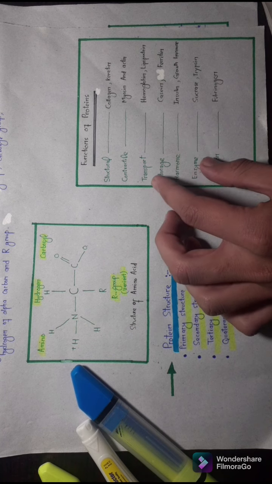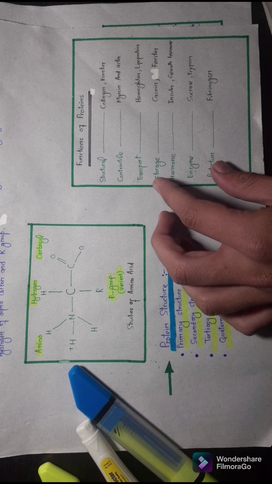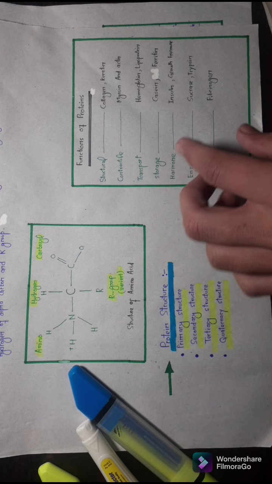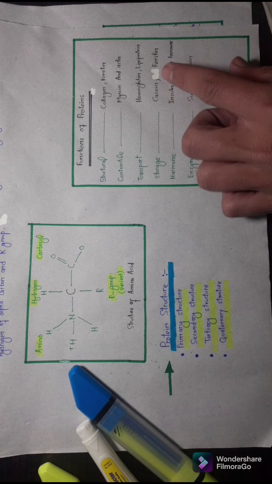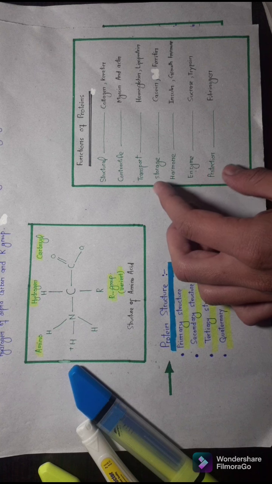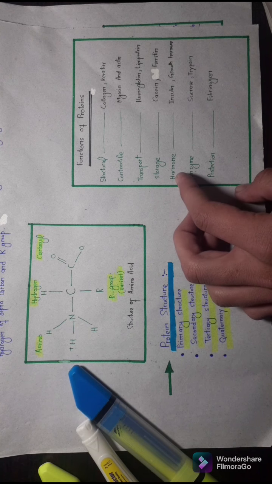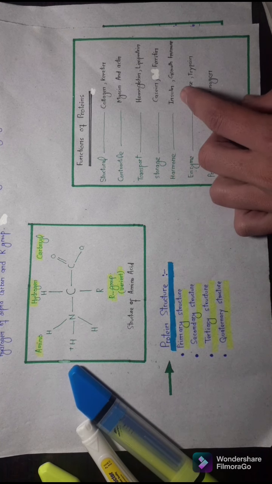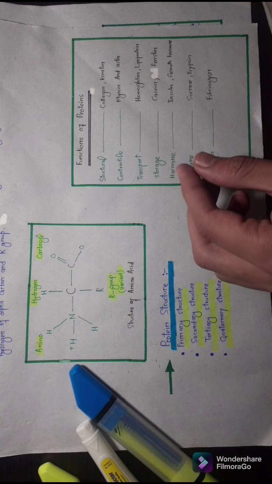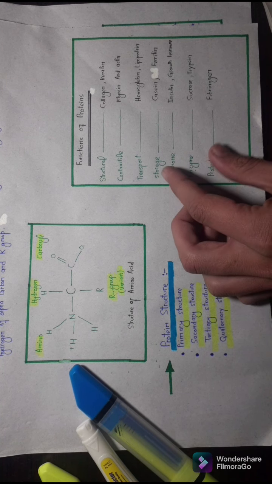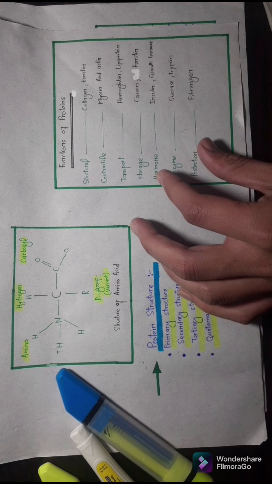Proteins with a storage role are ferritin and casein, which store nutrients. Some proteins are hormones like insulin and growth hormone, and we know that hormones regulate body metabolism and the nervous system.